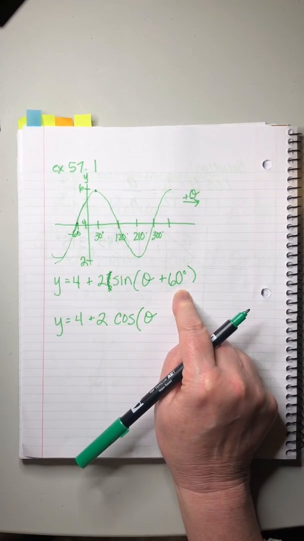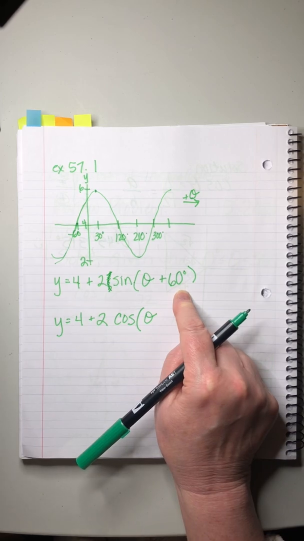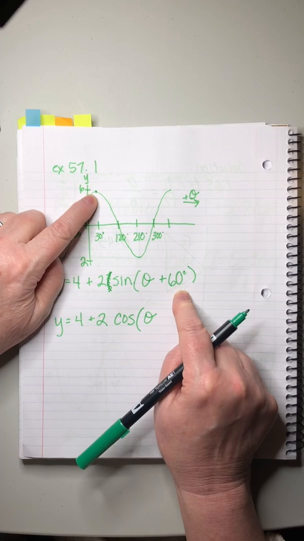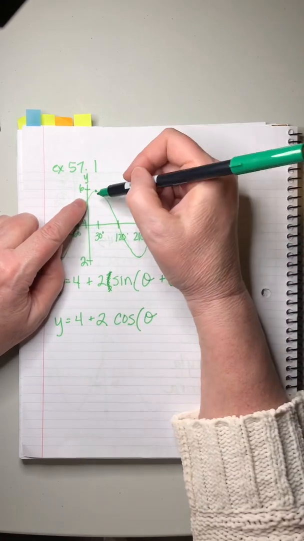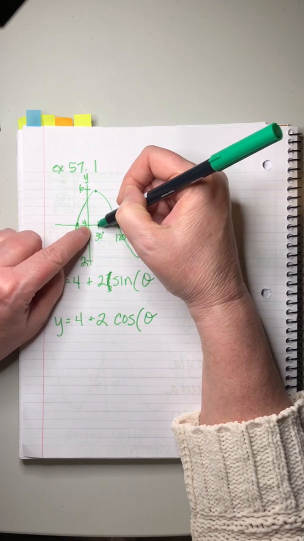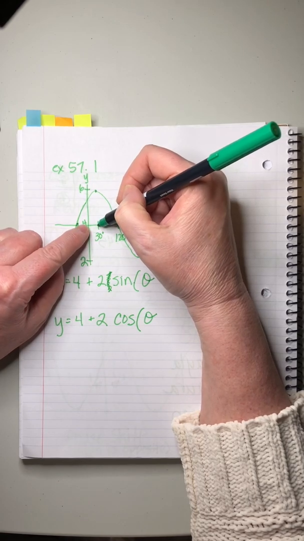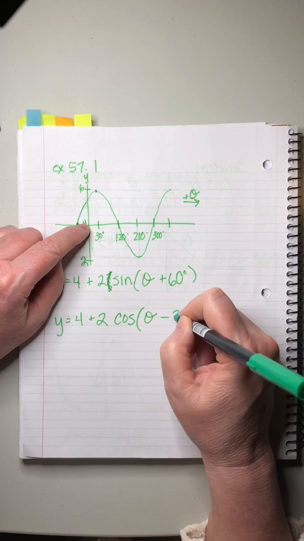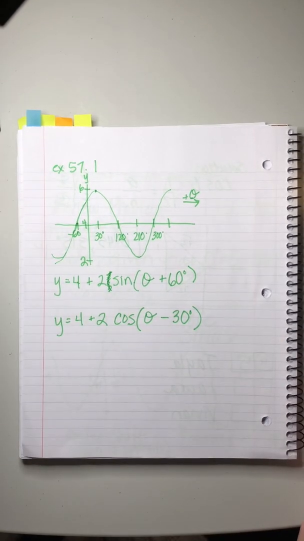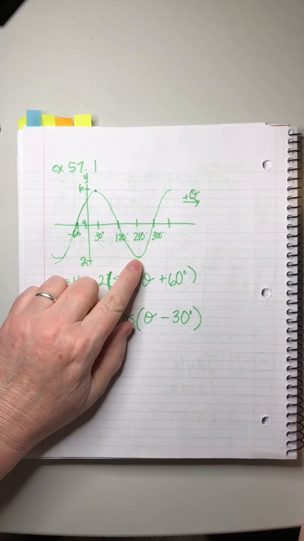But now we're going to switch our perspective and imagine it as a cosine curve. A cosine curve we will measure from the top. So that means we are interested in 30 degrees. It's a 30 degrees phase shift. It's a positive phase shift, so we write it as a minus in our equation. Some people ask, well, how do you know it's not a minus curve?